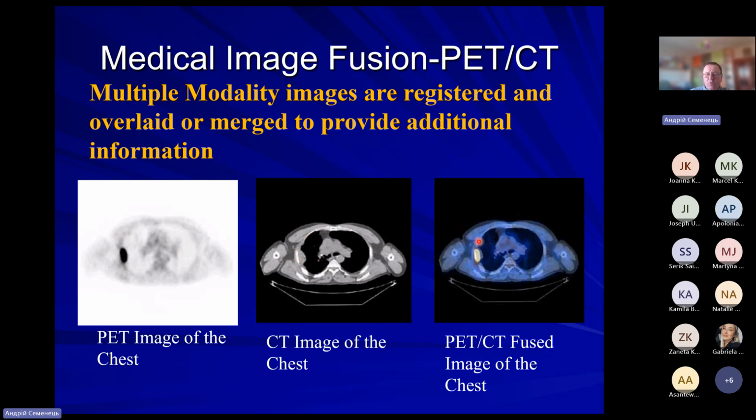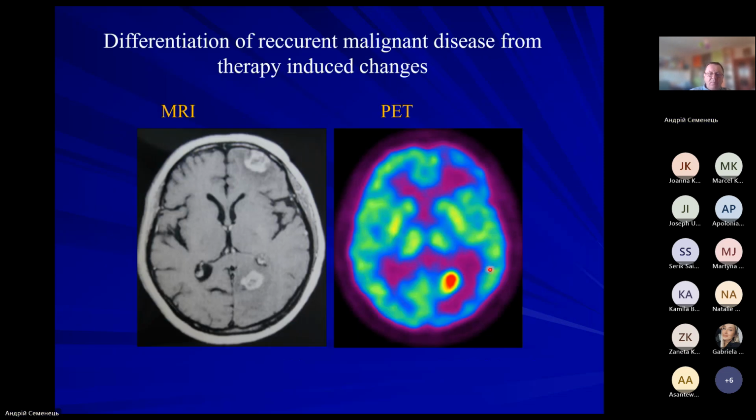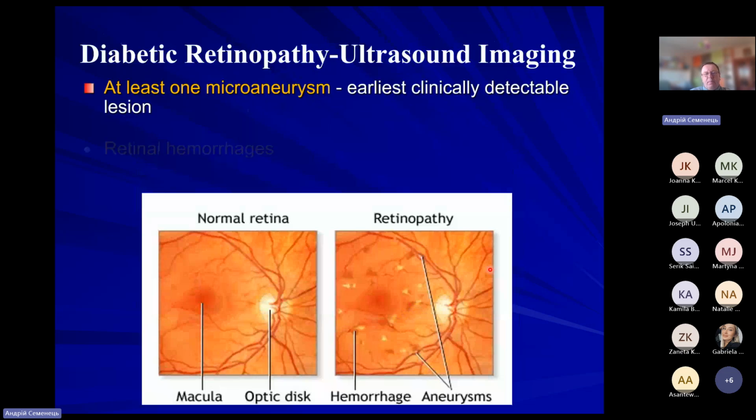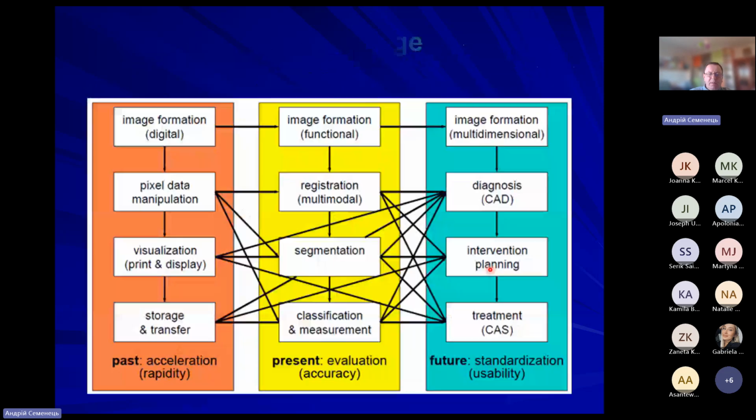The combination of those gives a very distinctive hint about a potentially very active pathological process. There are similar things with PET images, or using, for example, ultrasound imaging of our retina to detect diabetic processes, diabetic retinopathy, and so on.